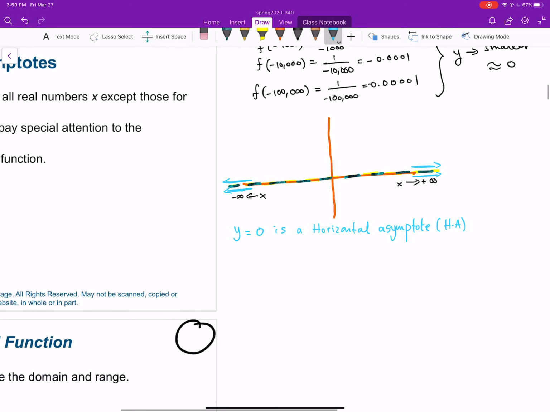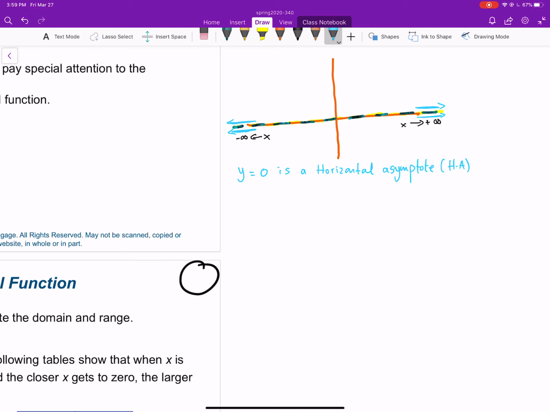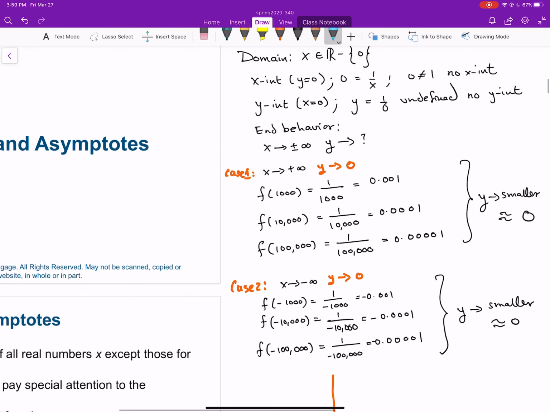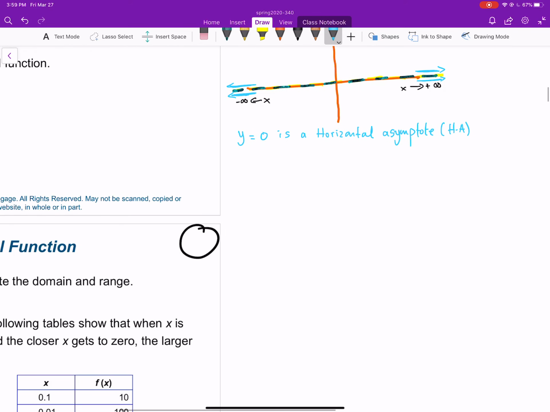Now, let's look at another scenario. So we figured out the x and the y intercept, we looked at the end behavior. Now, let's go back and revisit the domain question. So the domain says that x belongs to all the real numbers except 0.